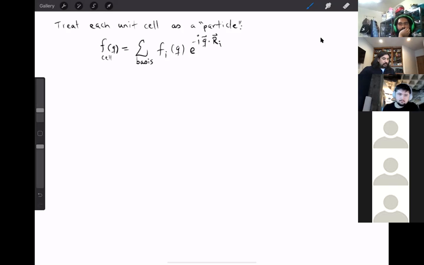So what do we gain by doing this? The first thing is that when you're doing experiments, you don't just do one experiment. You do a bunch of experiments and then try to iron out all of the noisy details by doing ensemble averaging, right? In this case, by doing it over a single unit cell, because all of the unit cells are identical in our crystal, we have an ensemble average already. So the ensemble average is already taken care of.